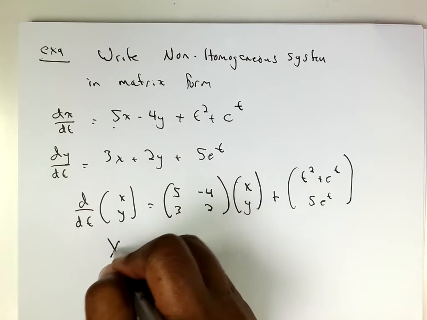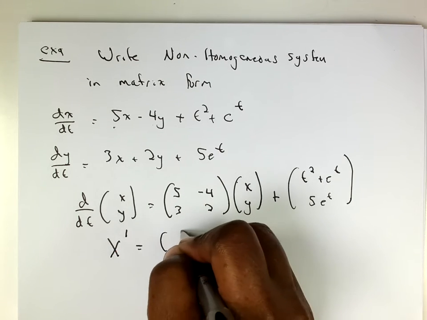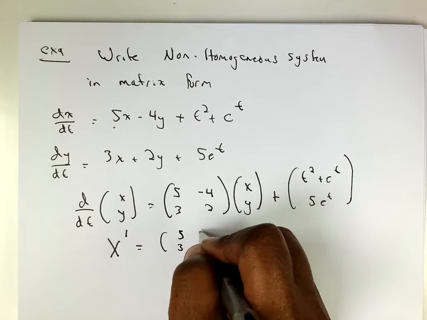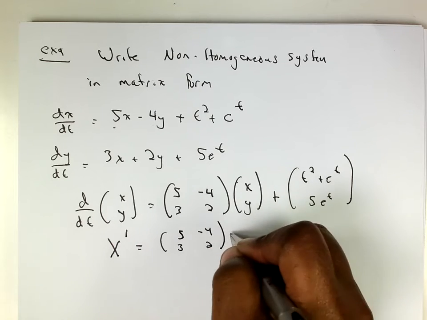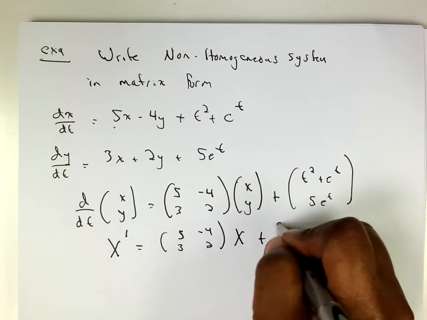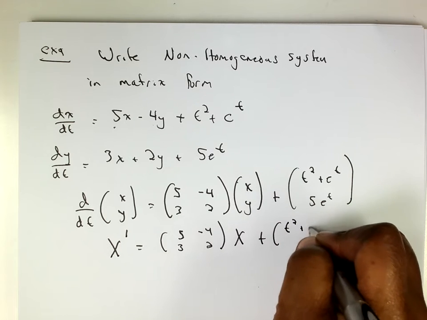So I'm going to rewrite it as x prime is equal to the matrix times x plus my f of t.